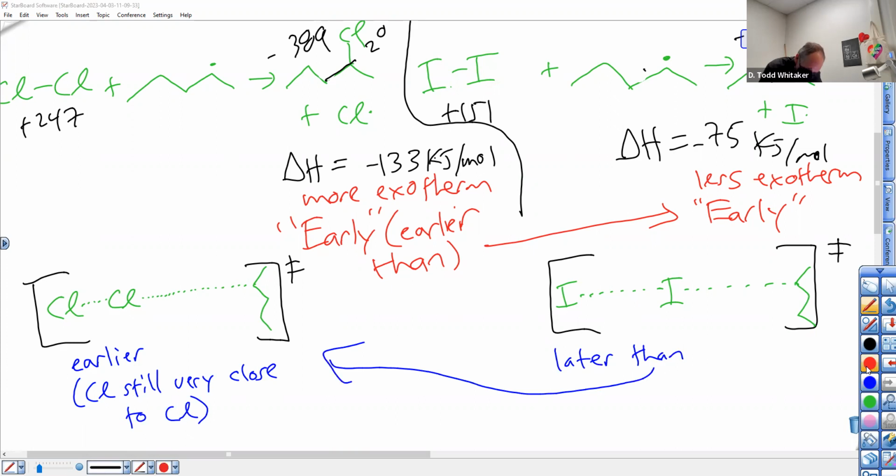Still early. Why is it early? Because the halfway point's here. If the iodine was on the other side of the halfway point, that would be a delta H that's positive. It's more than halfway to being on the product, isn't it? Late means it's close to the carbon, isn't it? Because it's attached to carbon at the end. So good, even though I couldn't find an endothermic reaction for diagram 2. It's always comparing early, late, and we're good. I think we're ready for an activity.